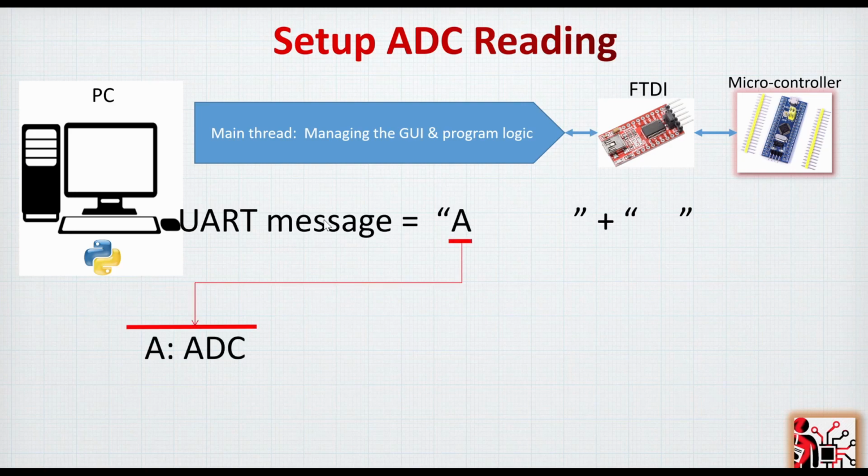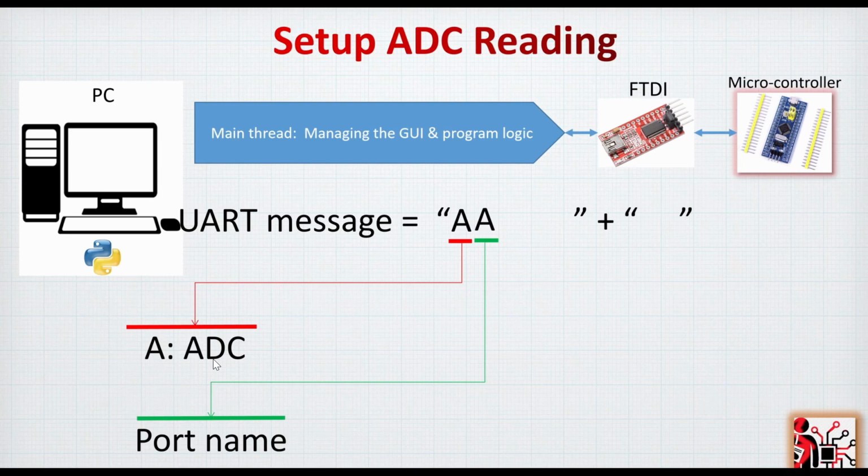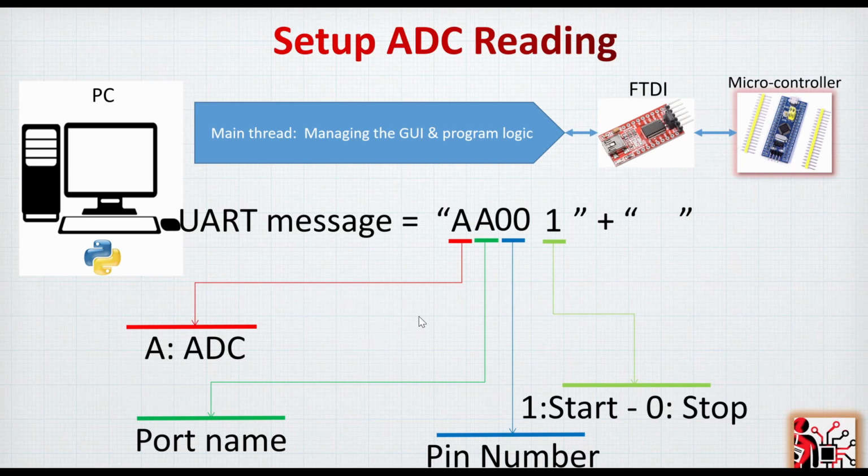At the beginning it will be A, to say we are going to enable the ADC or check the ADC mode. Then a port name and then the pin number. After that we add if we would like to start or stop the ADC, then finally the terminator. So this is the logic, and we are going now to check how this will work.